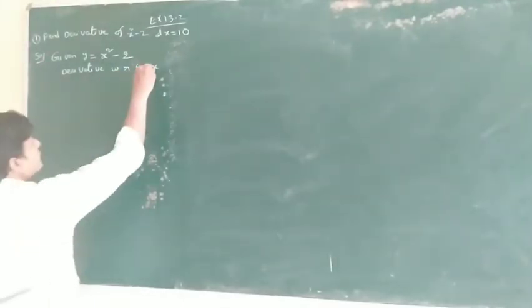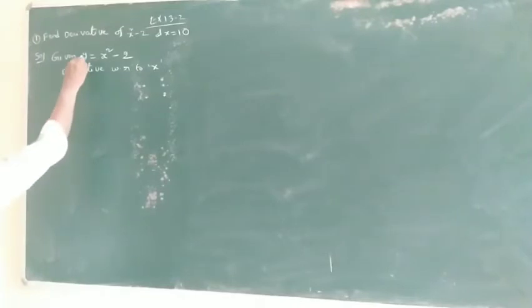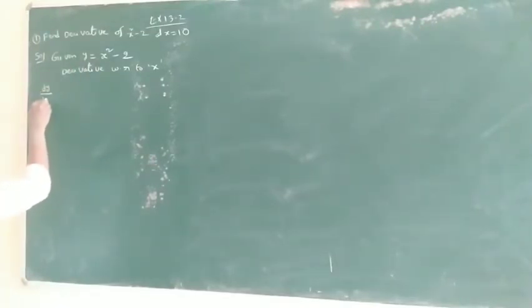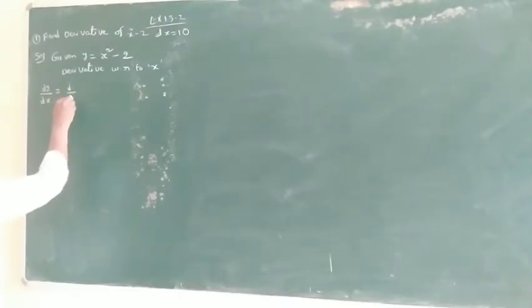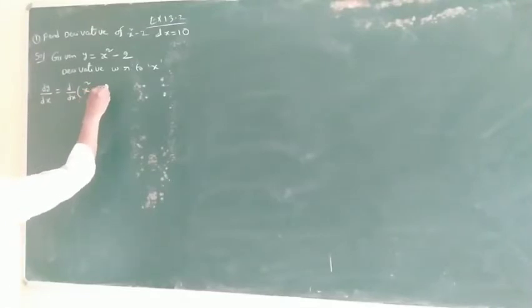Derivative with respect to x means derivative of y is equal to dy by dx. Derivative of y is equal to dy by dx is equal to d by dx of x square minus 2.